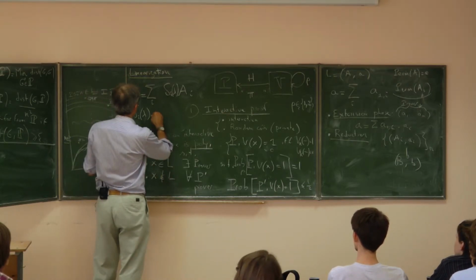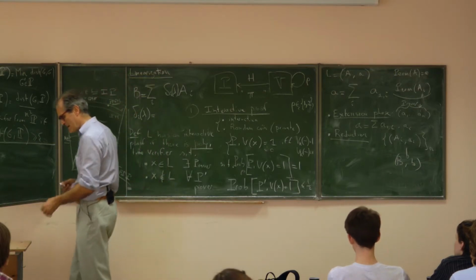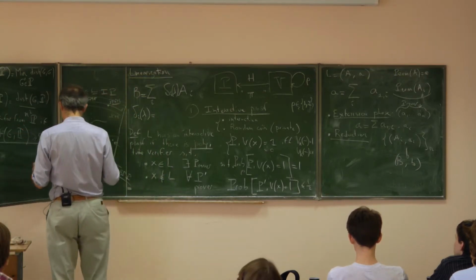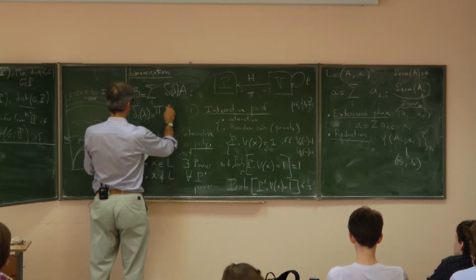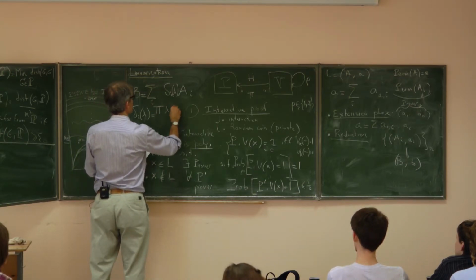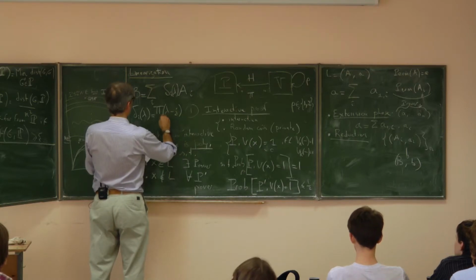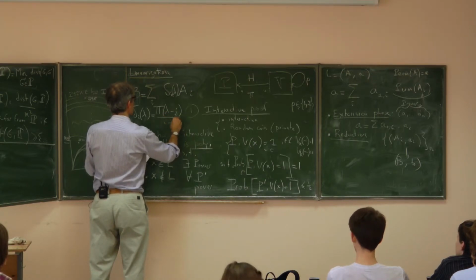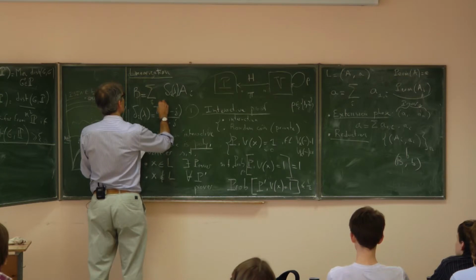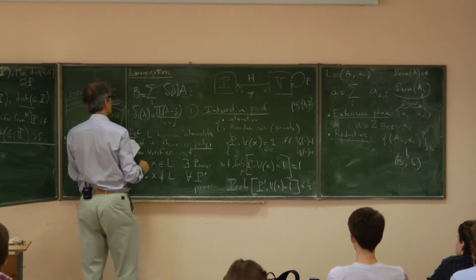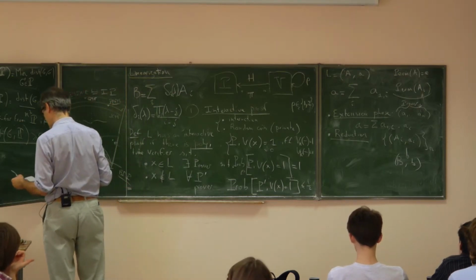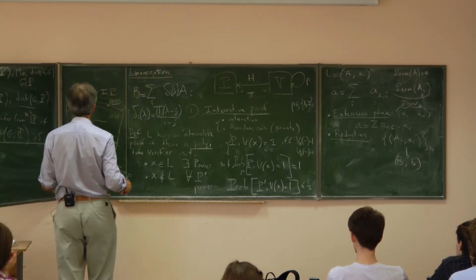So technically, what's the definition of delta_i of lambda? It is the product of lambda minus j over i minus j, where you take the product for j different from i. So maybe you've seen this polynomial.